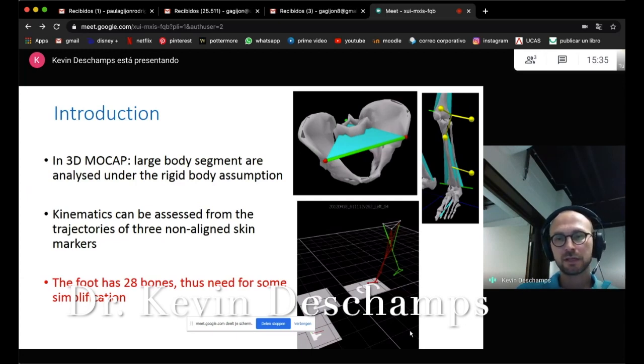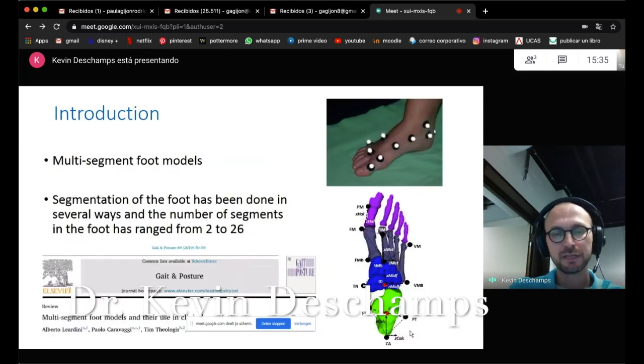Having said that, we have on top of that a number of challenges if we want to assess the foot, basically because we have a lot of bones, 28 bones if we include the sesamoids. So there is some need of simplification.